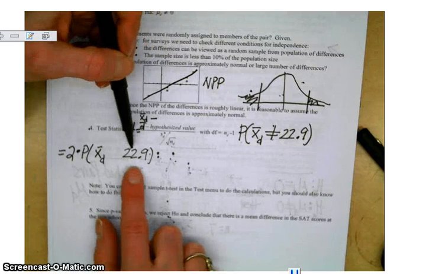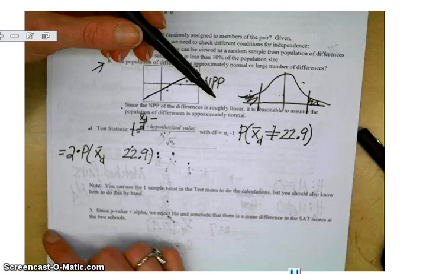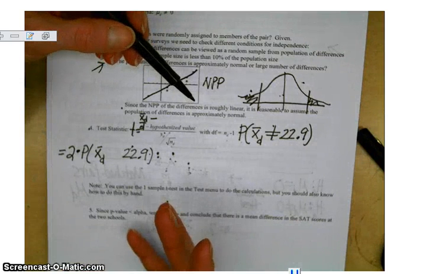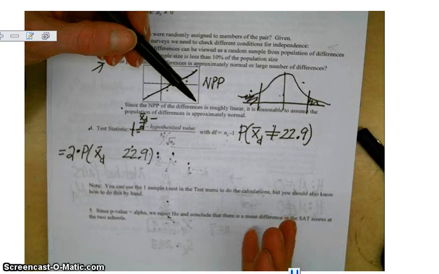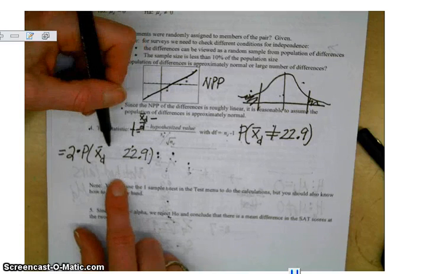So which one makes sense? Greater than or less than? And we're comparing it to 0, basically. Which was bigger? The first one was bigger, right? The first school, our average difference was positive, so we go greater than.